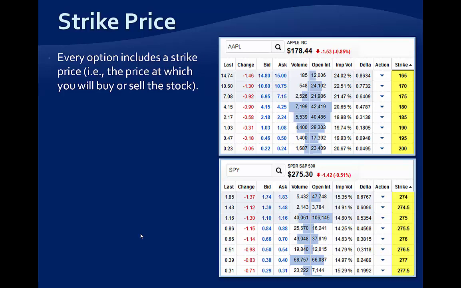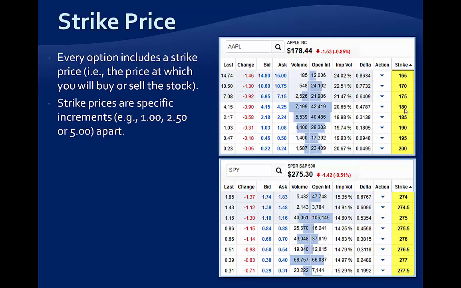You also get to choose the deal price, and that's the price at which you'd have the rights or obligations to buy or sell the stock. You'll notice I've highlighted them. The strike prices for Apple are 165, then 170, 175. You get to choose which one you want, and there would be some reasons behind which one would be right for certain strategies.